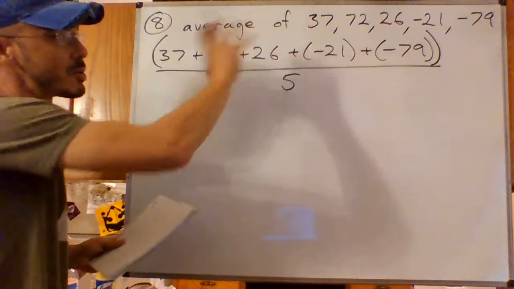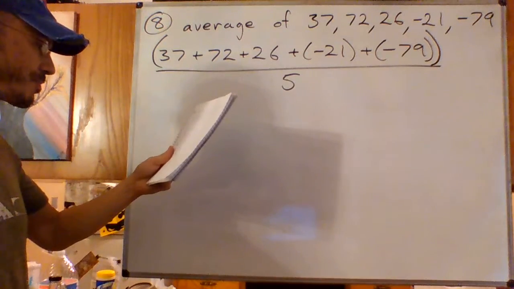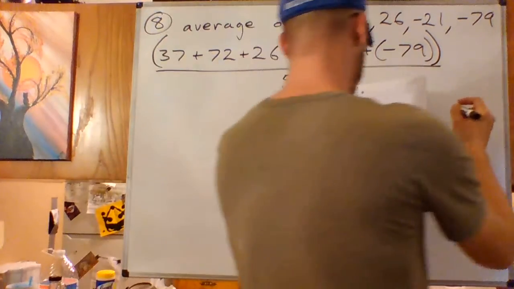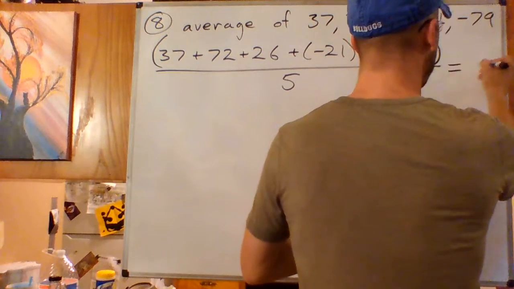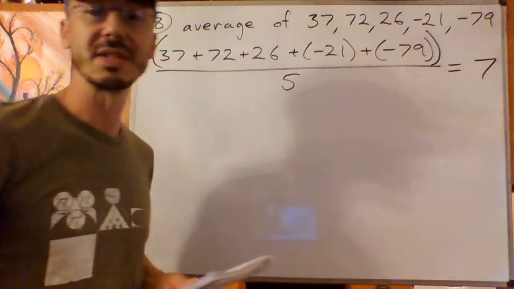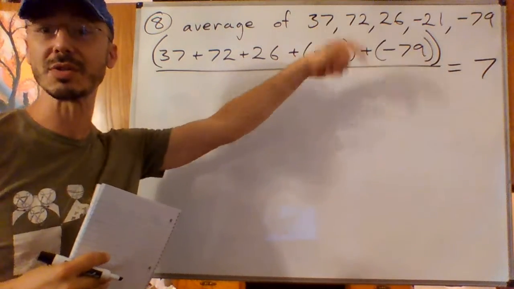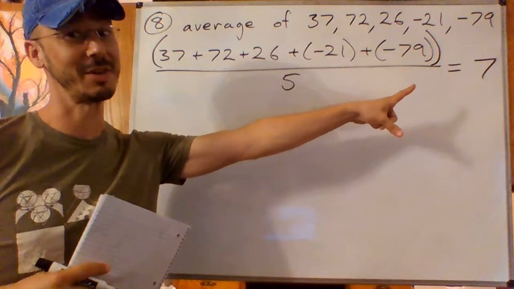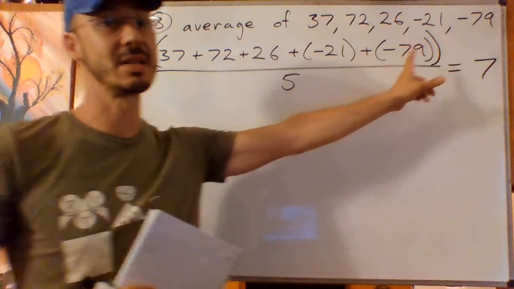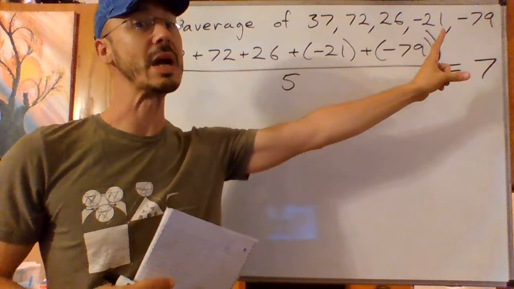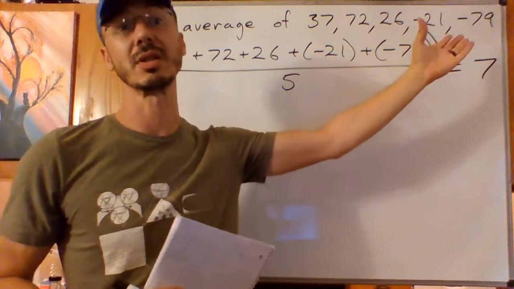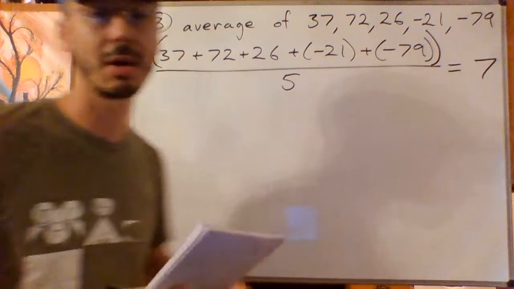And this is a way that you can type it in all at once. The result should be 7. And that seems kind of weird to me because these are all 2-digit numbers and the average is a 1-digit number. What's going on is these ones are bringing the average way down because they're actually negative 2-digit numbers.